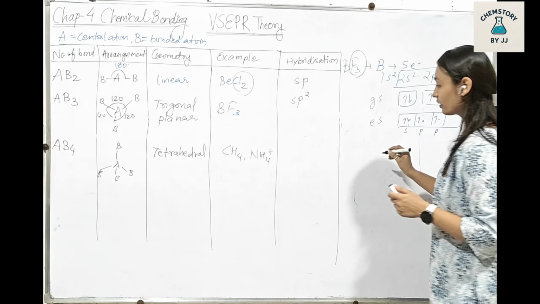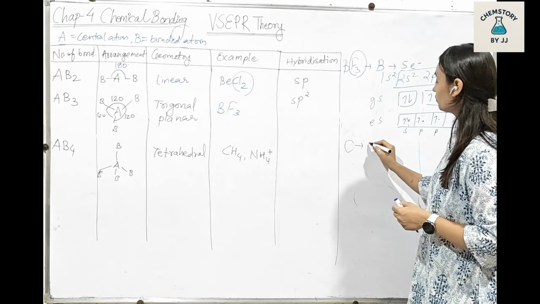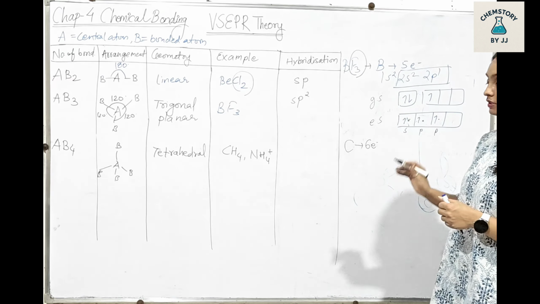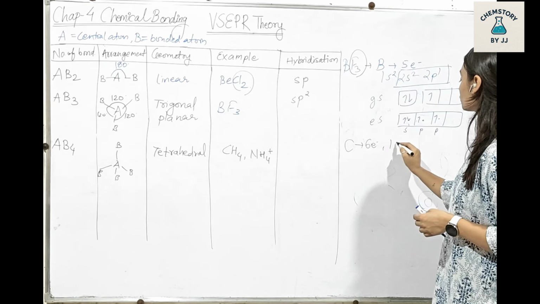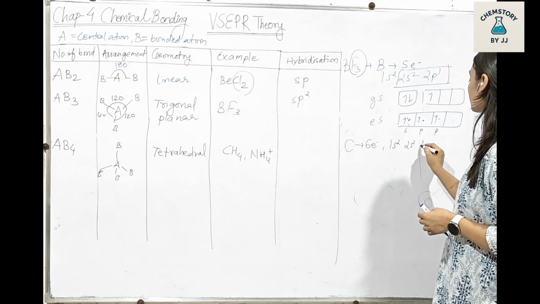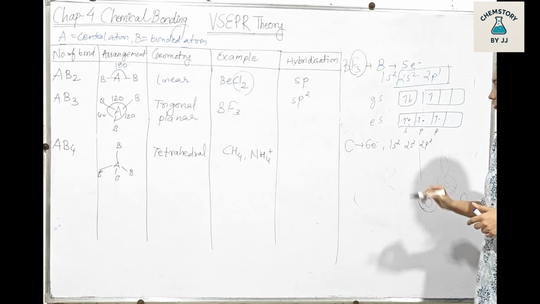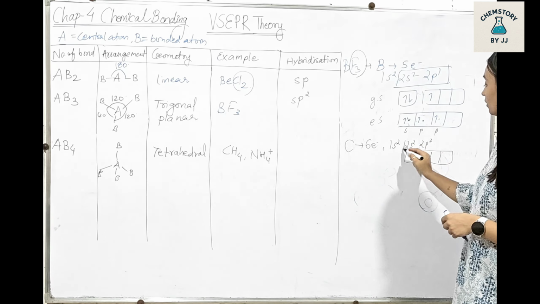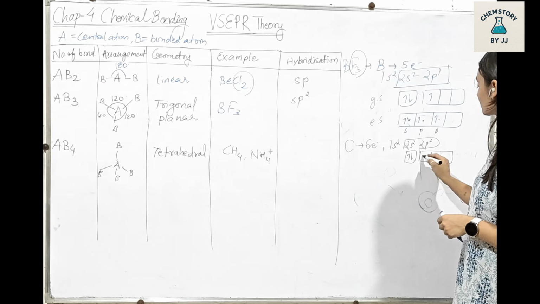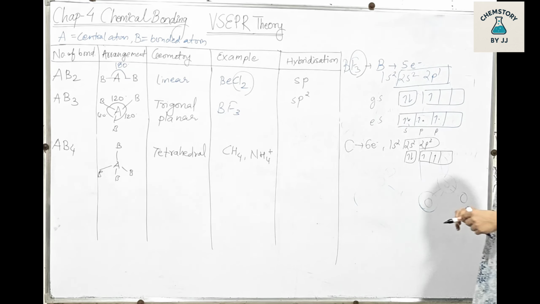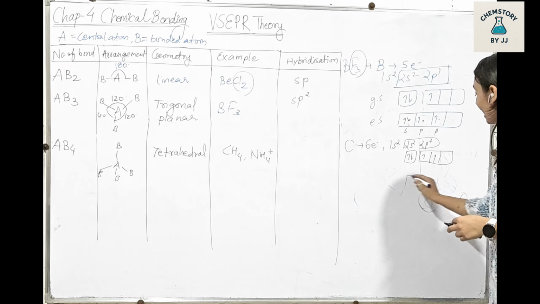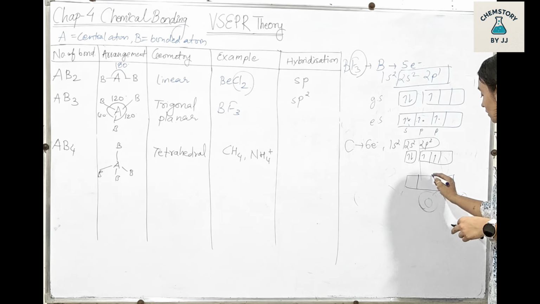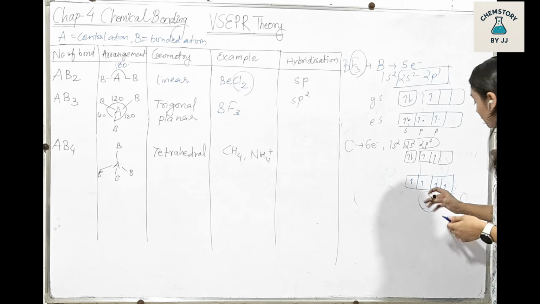For the hybridization, what we are going to do? For carbon, we know it has 6 electrons. Also 1s2, 2s2, and 2p2 is the electron configuration for it. We know that the valence shell has 4 electrons like this. When these get hybridized, it forms orbitals like this.